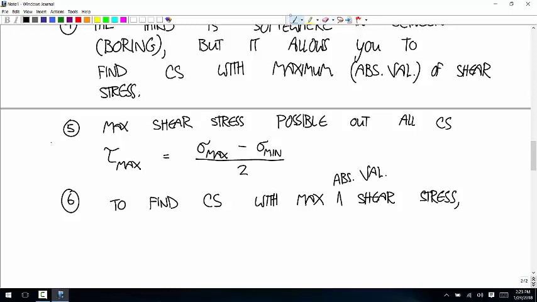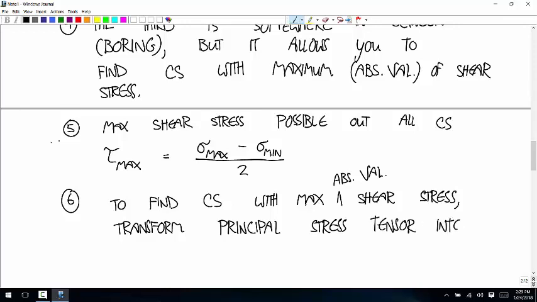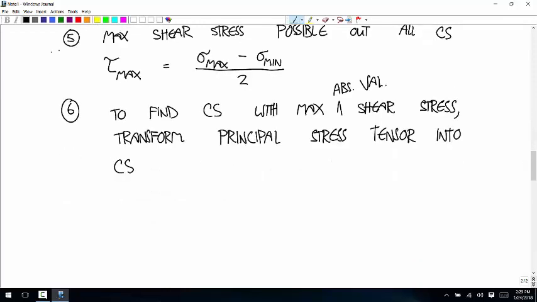Let's say what we want to do is transform the full stress tensor into a coordinate system that's rotated 45 degrees about the axis of the middle principal stress.